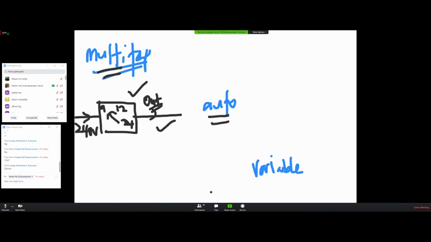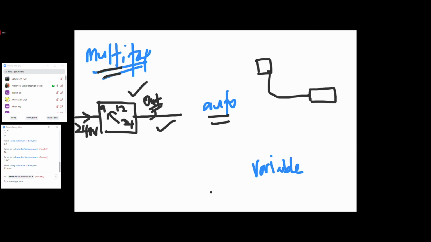Auto transformer is like your handphone charger. You plug your 3-pin plug in and charge your handphone. Your 3-pin plug is actually taking in 240 volt, but it is supplying only 5 volt to your handphone. So this is auto transformer. Auto, it's automatic. You just plug in and play.